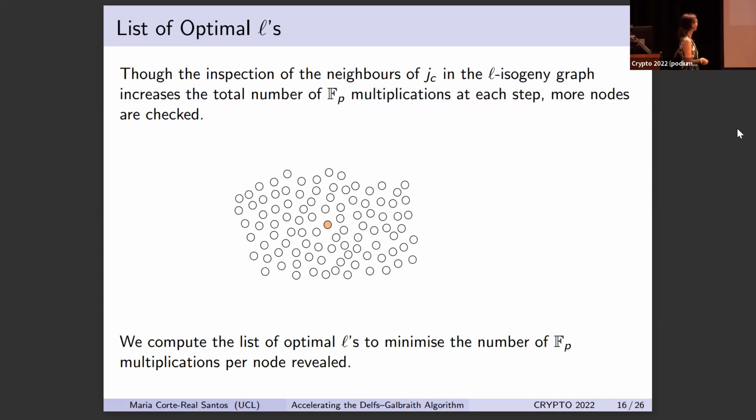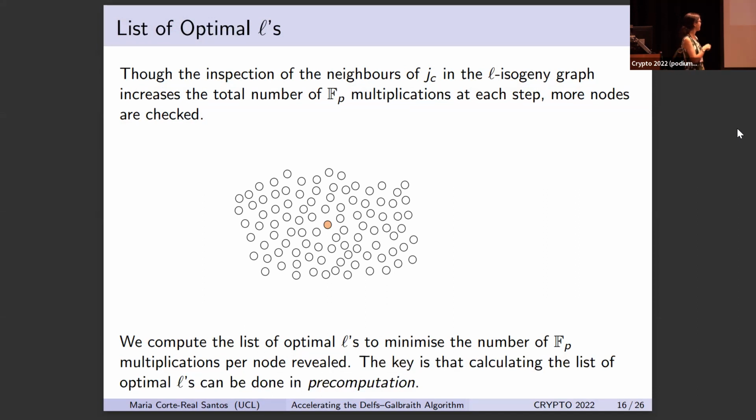But you can compute a list of optimal Ls, which minimizes the ratio of FP multiplications per node revealed. So the key point of this computation is that it only depends on the prime. And so finding your list of optimal Ls can be done in pre-computation. And then you can reuse that for every instance that you have.